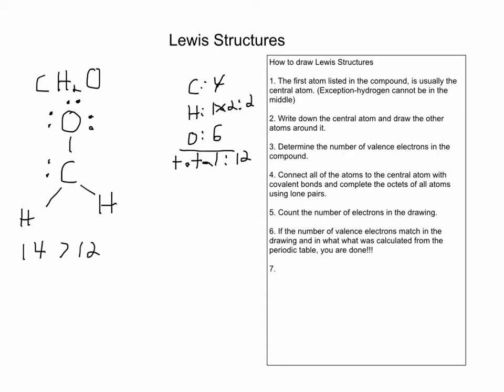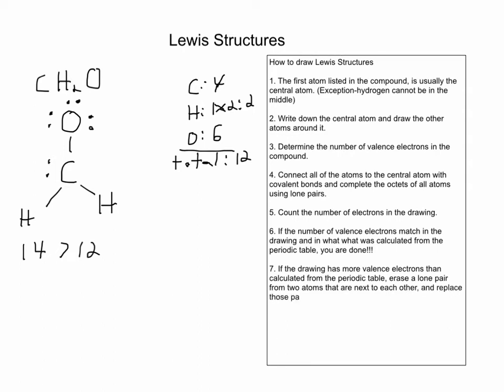Step 7. If the drawing has more valence electrons than calculated from the periodic table, you are going to erase a lone pair from two atoms that are next to each other and replace those pairs with a double bond.